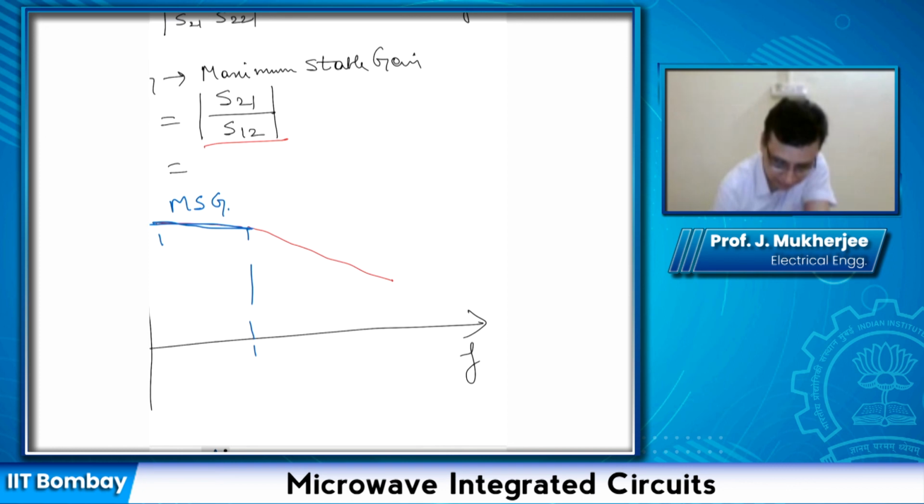Usually it is a 10 dB per decade curve, whereas the MAG is a 20 dB per decade curve.